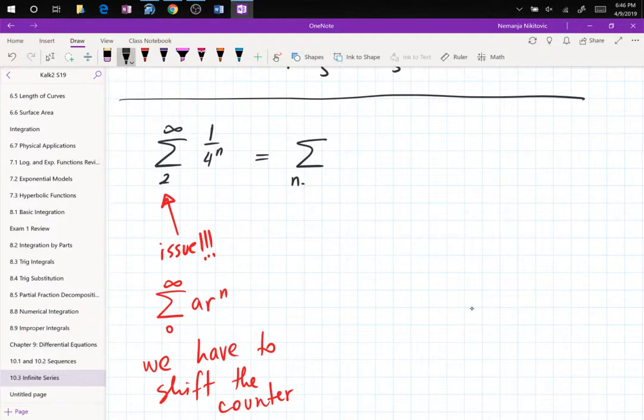Summation n equals 2 to infinity, and then you can put (1/4)^n. It's okay, right? So we just rewrite this, and I have to put now n equals 2 because I'm shifting the counter. What am I going to do? Well, what my counter needs to be, and what is it now? 2. How do I get to 0 from 2? By subtracting 2 on both sides. Good. This step changes depending on what you have as a counter, right?